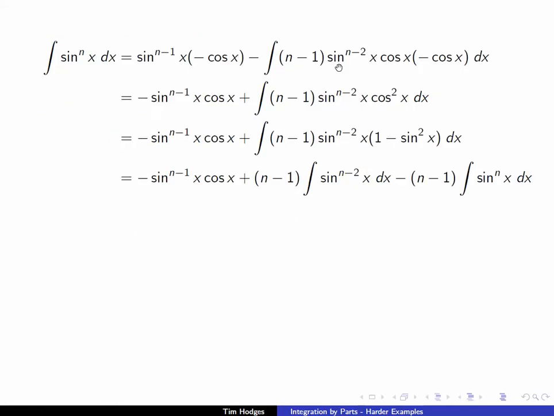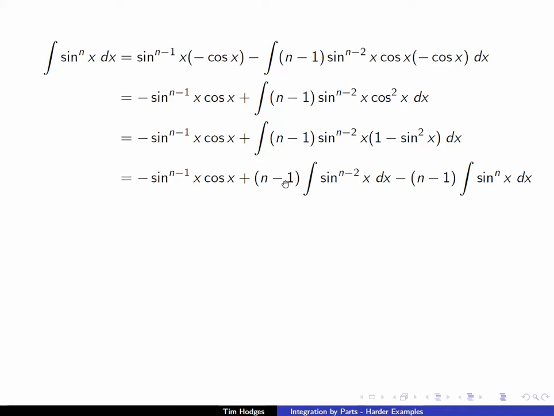So what are we going to do now? We have this cosine squared. We're going to change it into 1 minus sine squared. So the top two steps are just the steps from the previous page. So we continue from this point. We replace cosine squared by 1 minus sine squared.